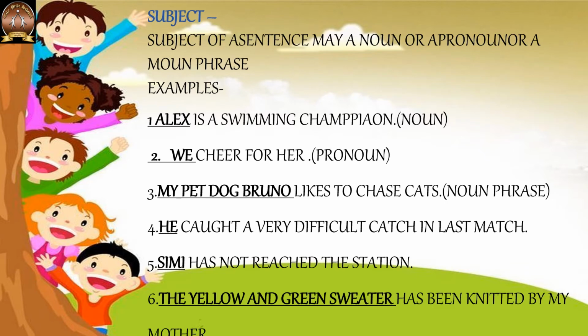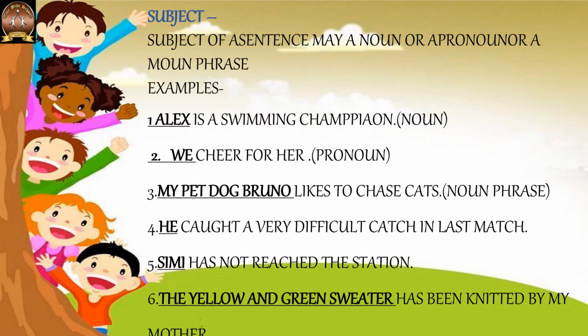Let us learn more in detail about subject. The subject of a sentence may be a noun, a pronoun, or a noun phrase. For example, Alex is a swimming champion. Alex here is a proper noun. We cheer for her. We is a subject, but it's a pronoun. My pet dog Bruno likes to chase cats.